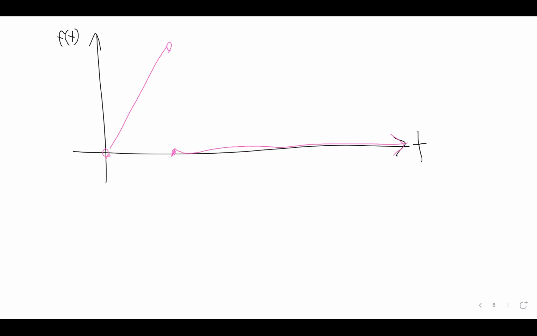That's just on the x-axis, and then you fill this in, and that's the left, right? Okay, so this is y equals f of t. This is 0. This is 1. This is 2. Right? Okay, so we have that.